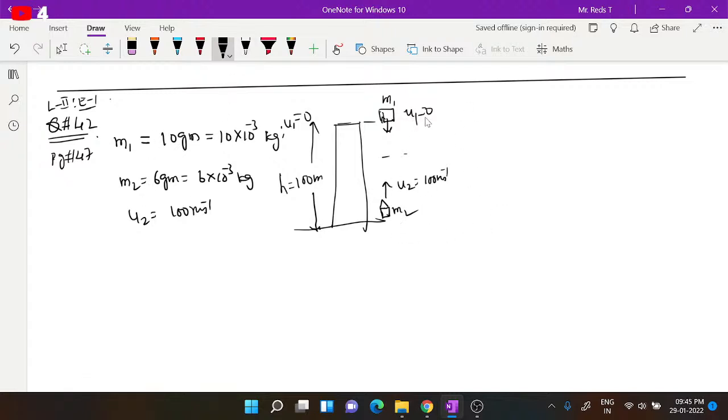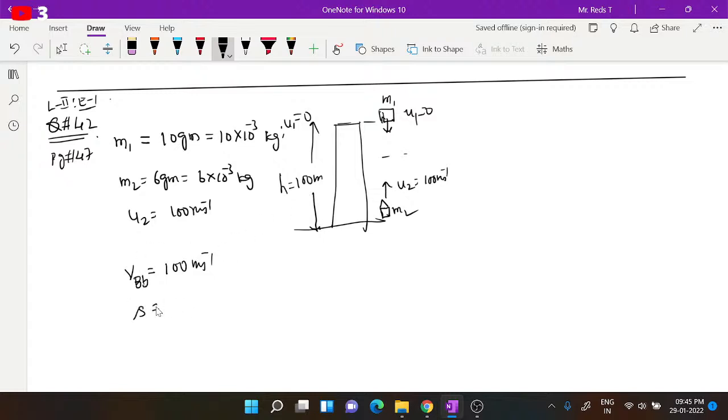The relative velocity of the block with respect to the bullet: capital B is the bigger block, small b is the bullet. Even though the block is released, with respect to the bullet, as it is moving, it appears to be moving with the same velocity towards it in the downward direction. So it is nothing but 100 meters per second.